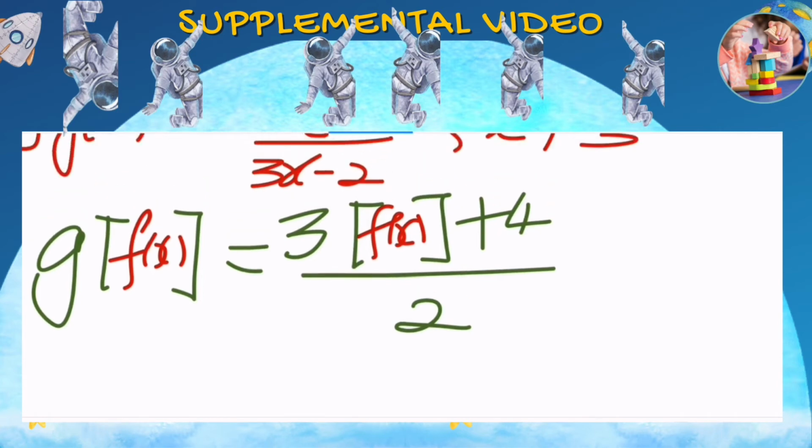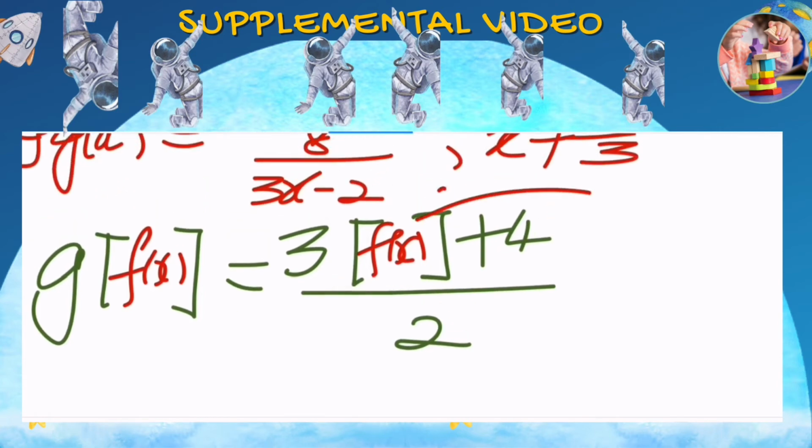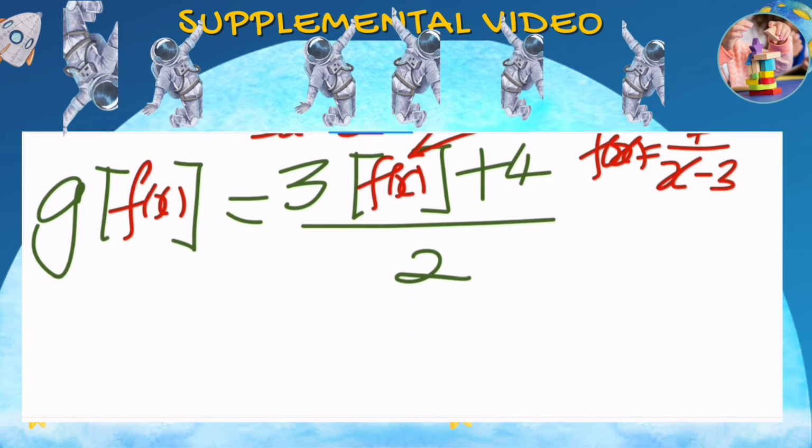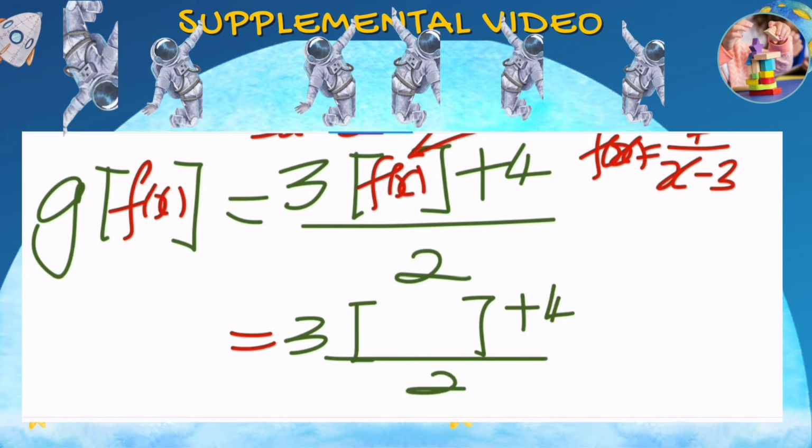So let's simplify carefully. f(x) was given in the question as 4 over x minus 3. So now we will write 3, and then we will substitute the function 4 over x minus 3 into there. The rest remain unchanged, right?